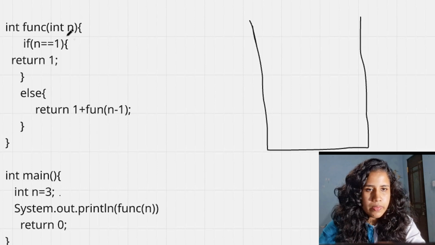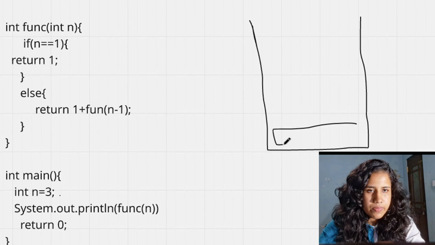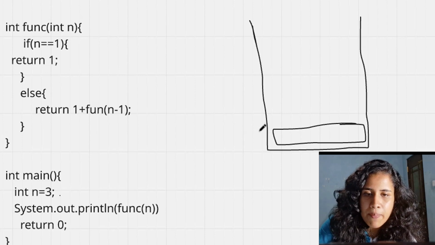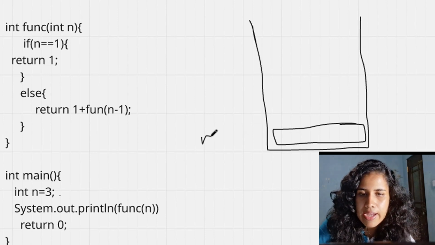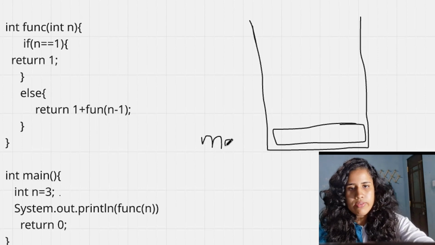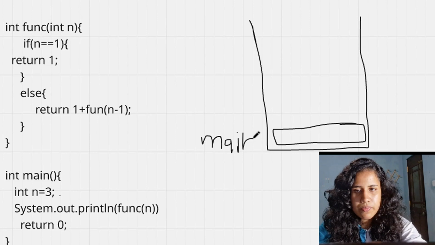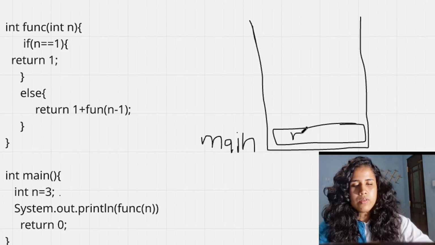So think this is the stack, and here in the int main we are passing n as 3.